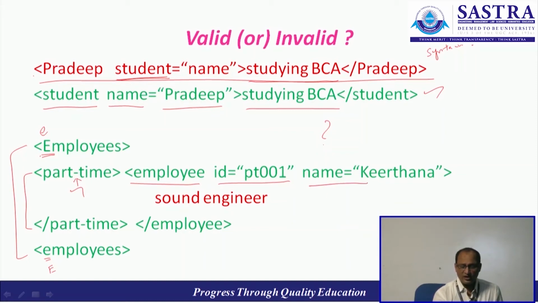Another attribute, name equal to Kirtana, has been double quoted properly. The closing angle bracket is also given properly. And the text sound engineer has been given for this employee Kirtana, who is working as a sound engineer, and her employee ID is PT001.